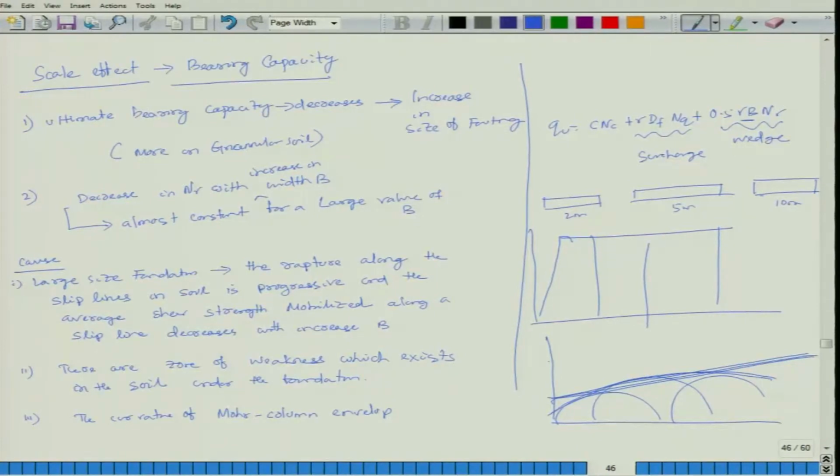So up to a certain part it will increase, then it is not going to increase, rather it will be decreasing. So, this is your scale effect.